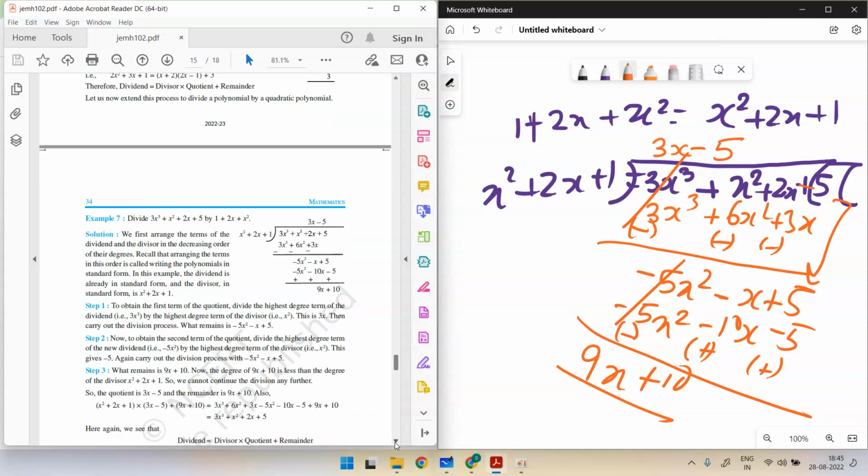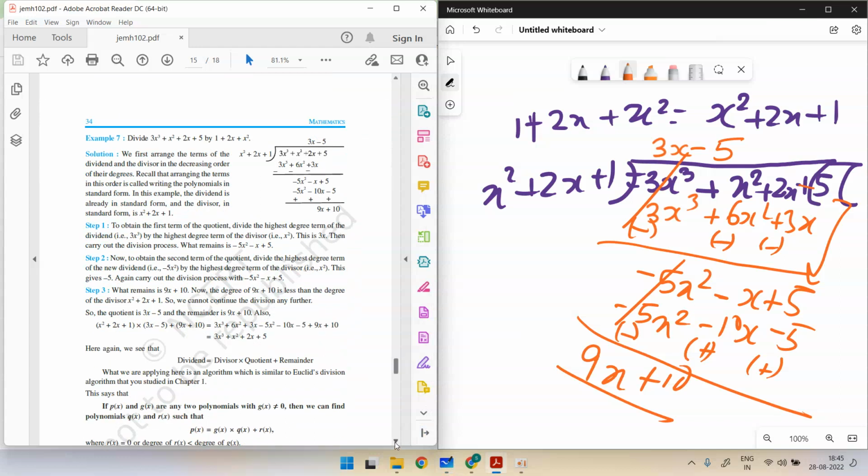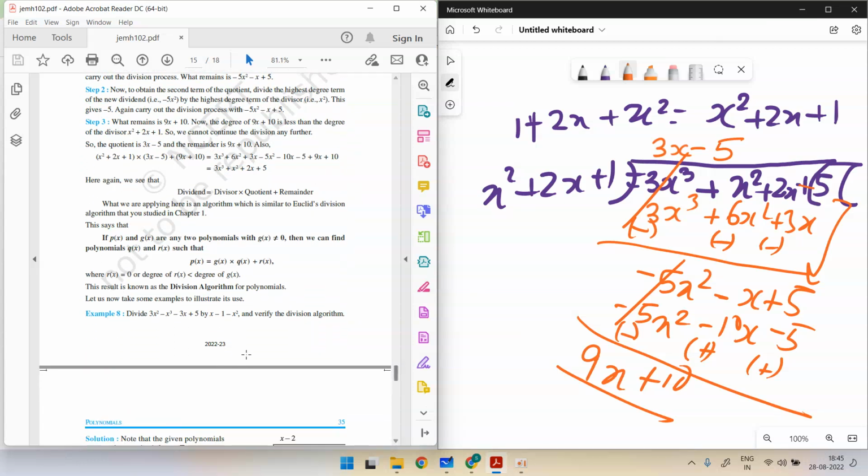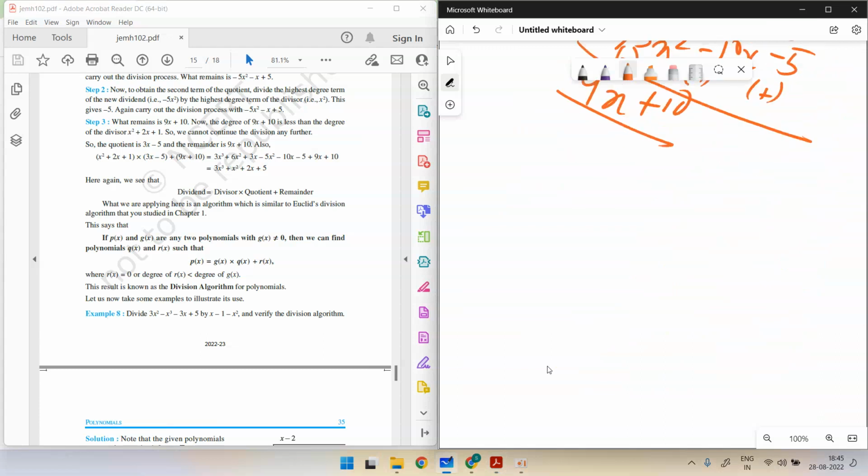Now if we say, divide this by this and verify the division algorithm. Divide this by this, and define the division algorithm.